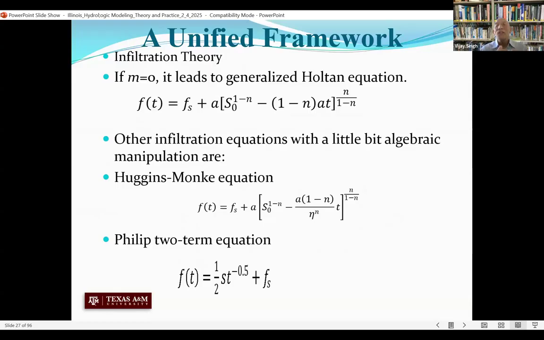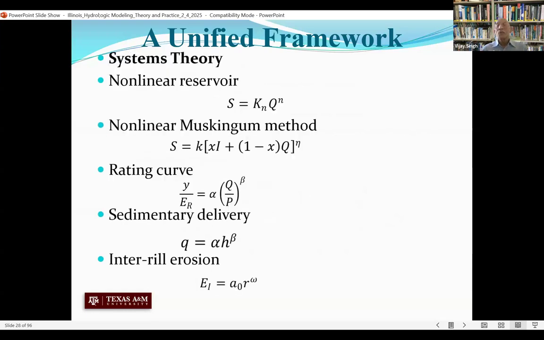There are other infiltration equations, and with a little bit of algebraic manipulation you can also derive the Huggins-Monke equation and the Phillips two-term equation. So almost all equations, actually most equations, can be derived using the same principle. Likewise, if you extend this to a nonlinear reservoir, then of course you can get the nonlinear Muskingum method.